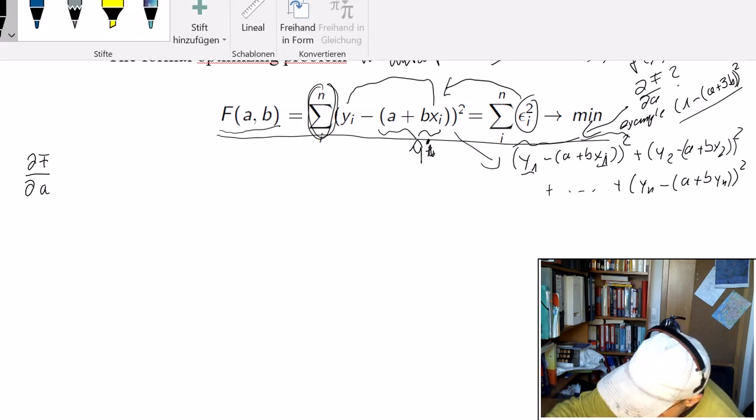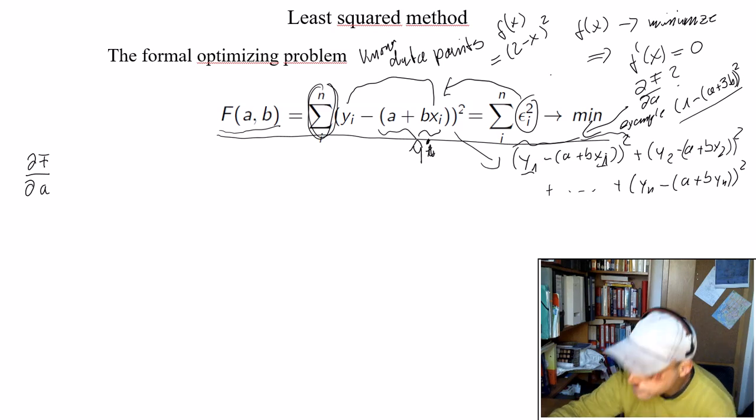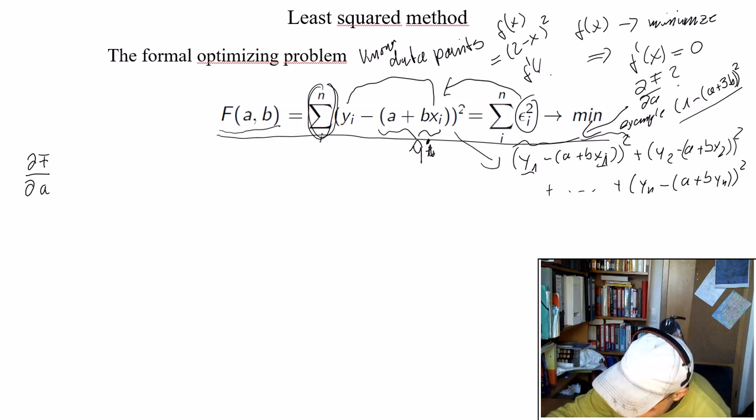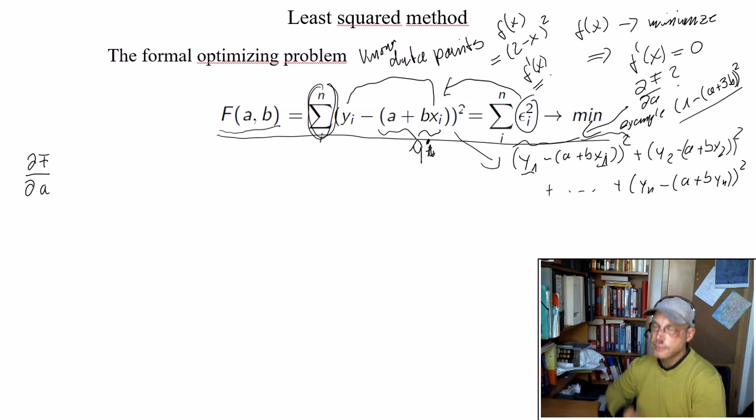What we want to have, let's say, 2 minus x squared. Then f prime is... hmm, f of x equals x squared, derivative.